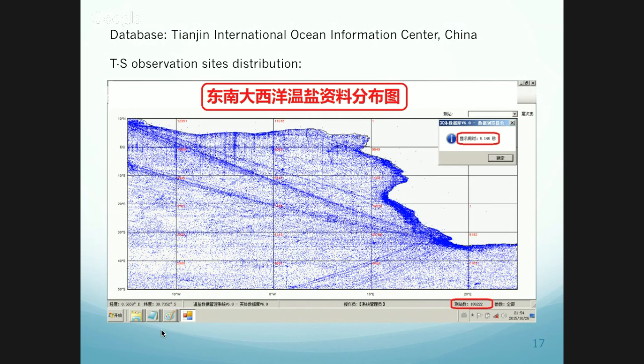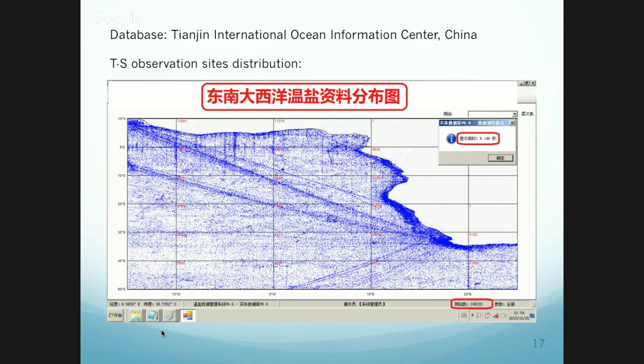That's what they call it. They give XBTs to the ship people and they deploy them in available places. So this is just temperature and depth. There may be other sources, but we don't know much about those.